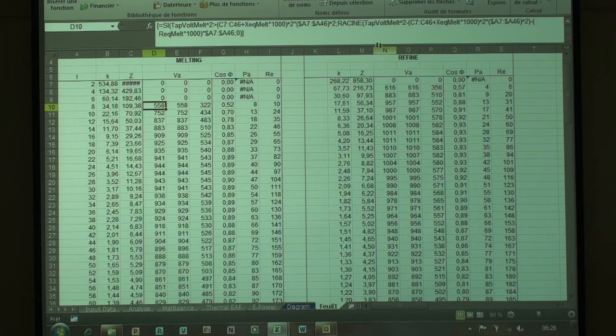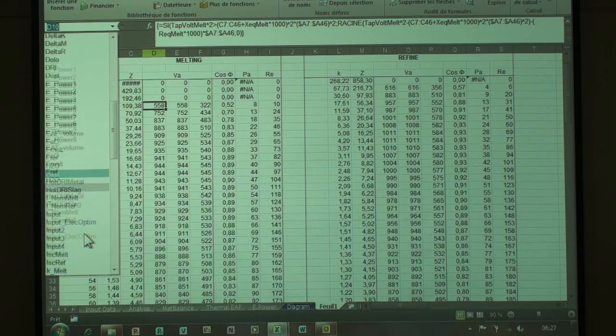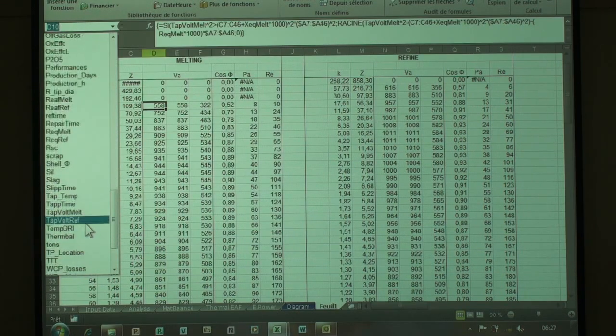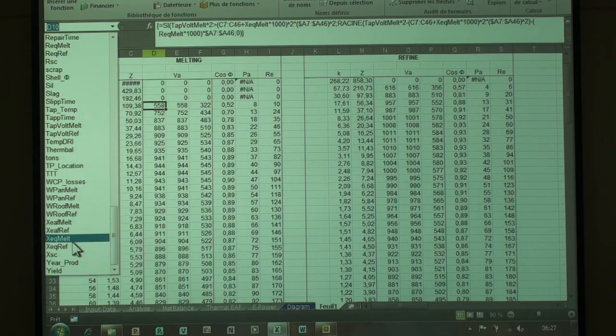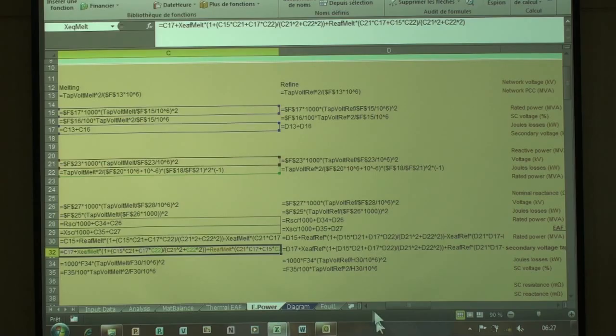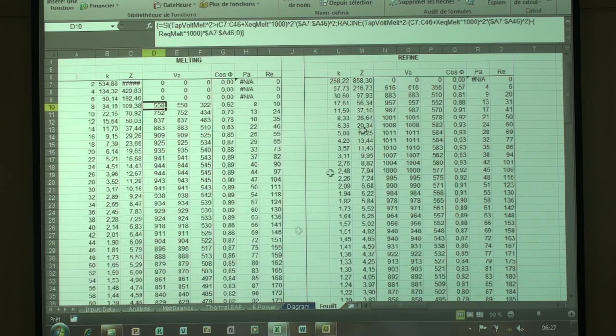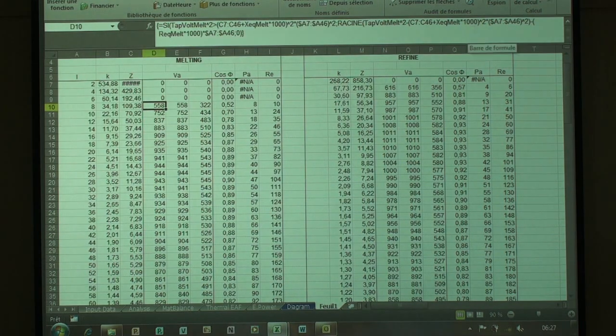This is the impedance calculated previously. Here, furnace impedance. Okay. Because this is in milli, so I have to put in the same value.